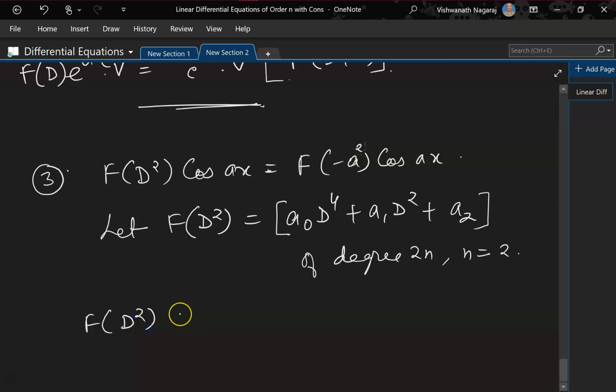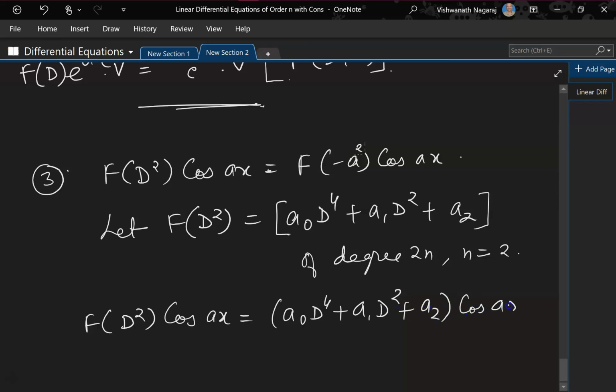Okay, now let's take it forward. f of D squared cos ax is equal to a0 D to the fourth plus a1 D squared plus a2, times cos ax.